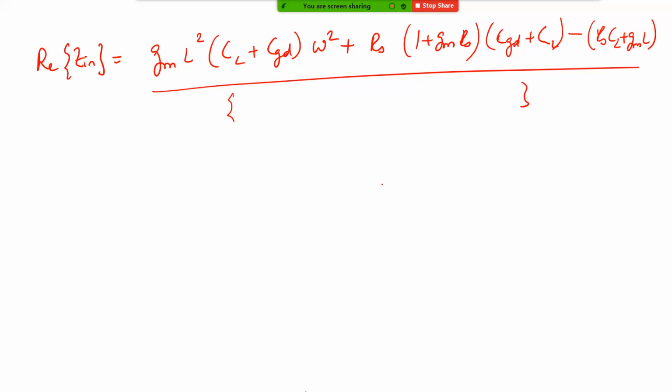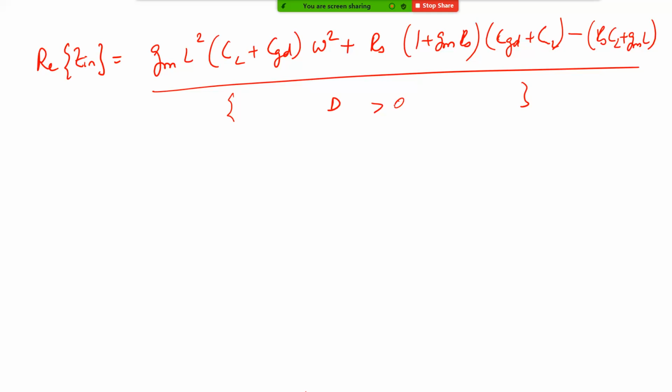And this denominator is always greater than 0. So denominator is positive. Looking at this expression, we know that there is some point at which this real part of the input impedance can go below 0.